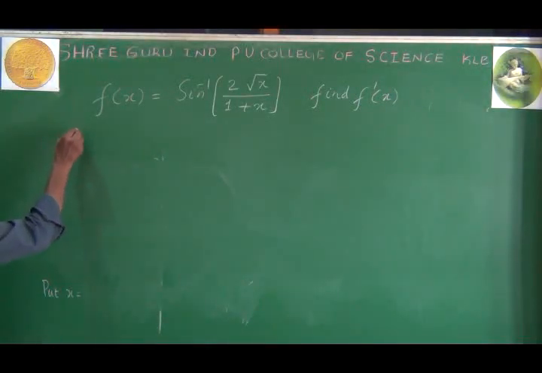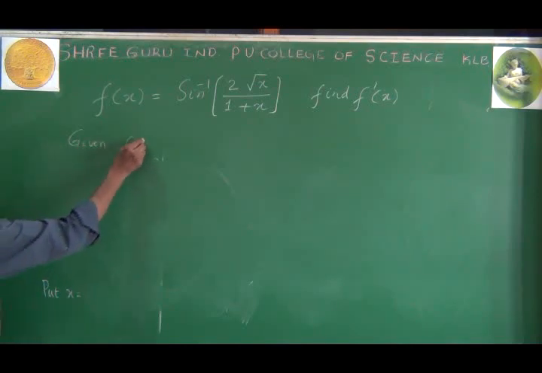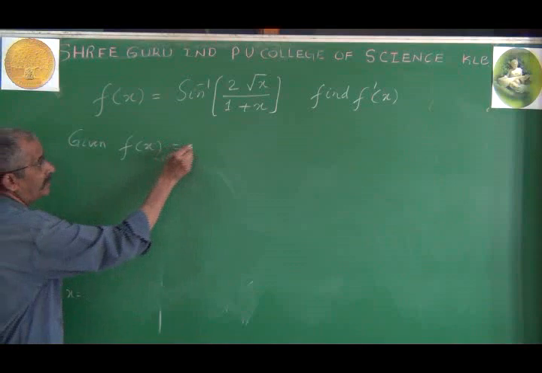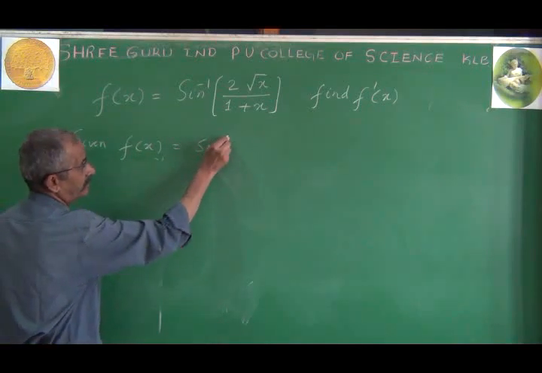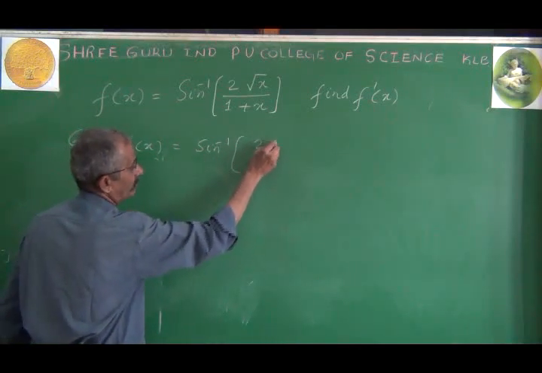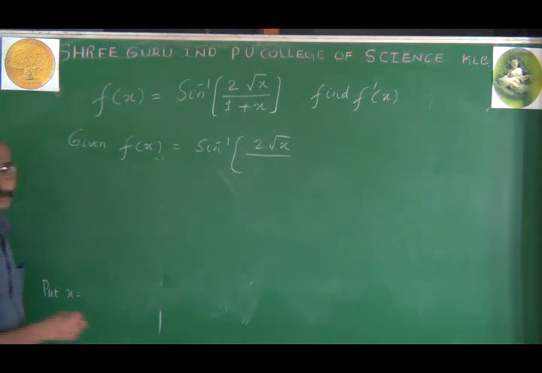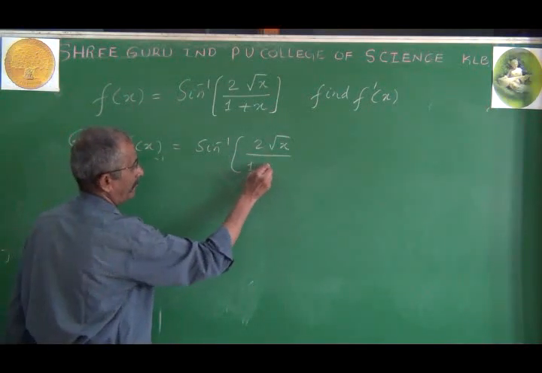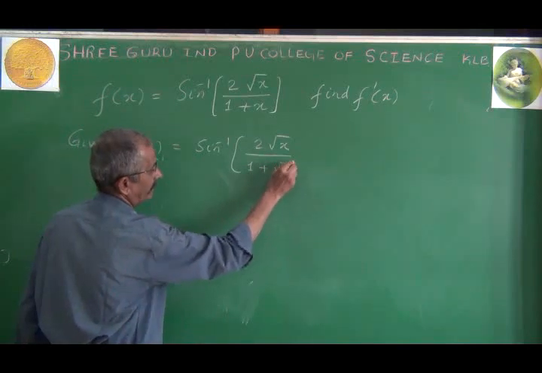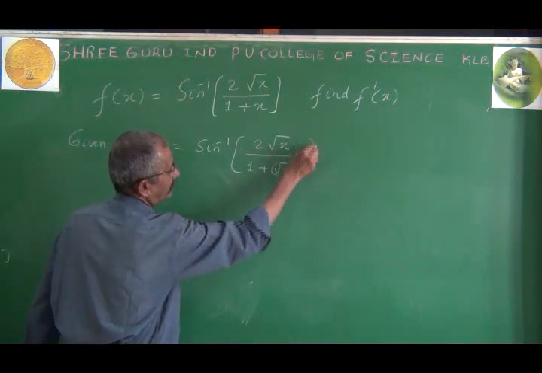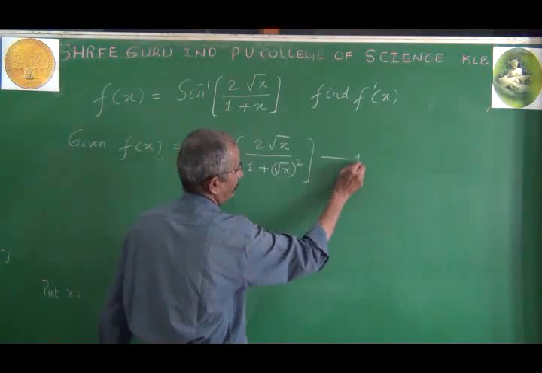So first write the given function: f of x equals sine inverse of 2 root x divided by 1 plus x. That x may be written as root x whole square. We call this 1.